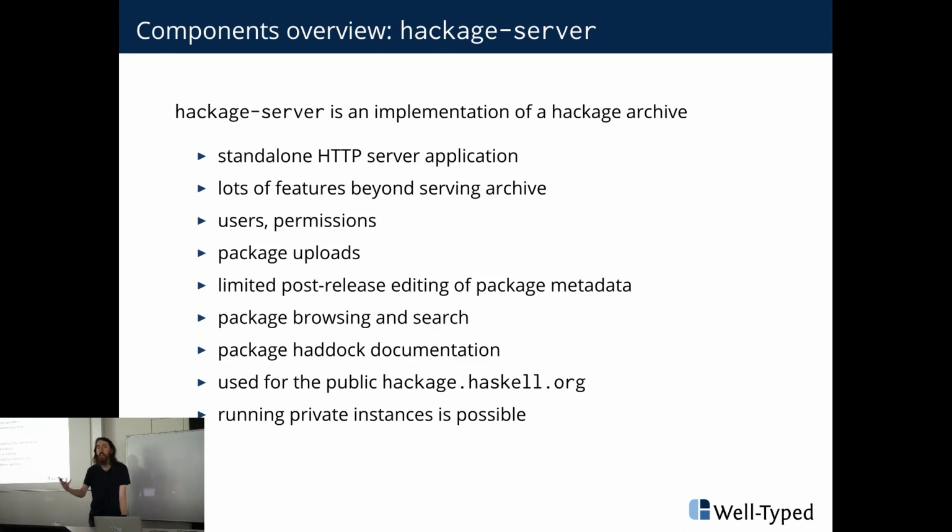That idea was part of the original idea of how the Hackage archive style ought to work: you should be able to have a public one, but also private ones. In practice, it's taken quite a long time for people to write the tools to make the private ones easier to use.